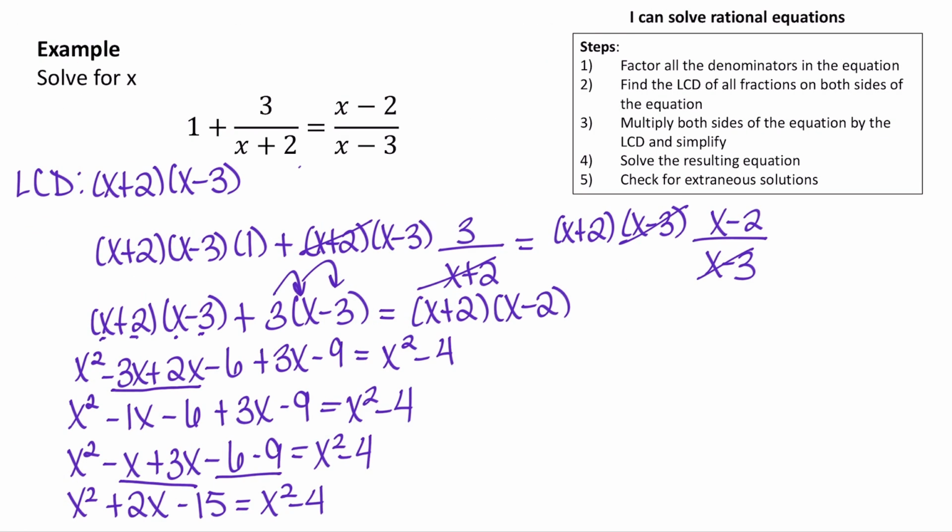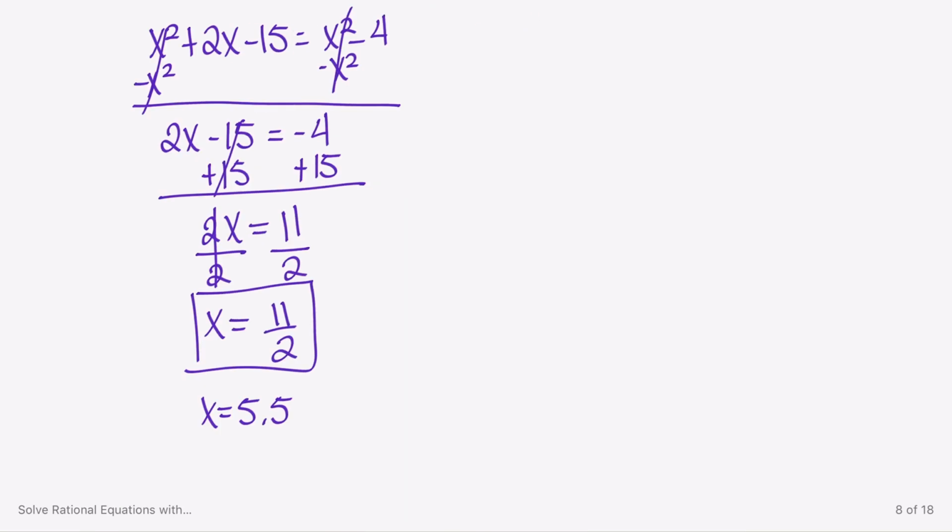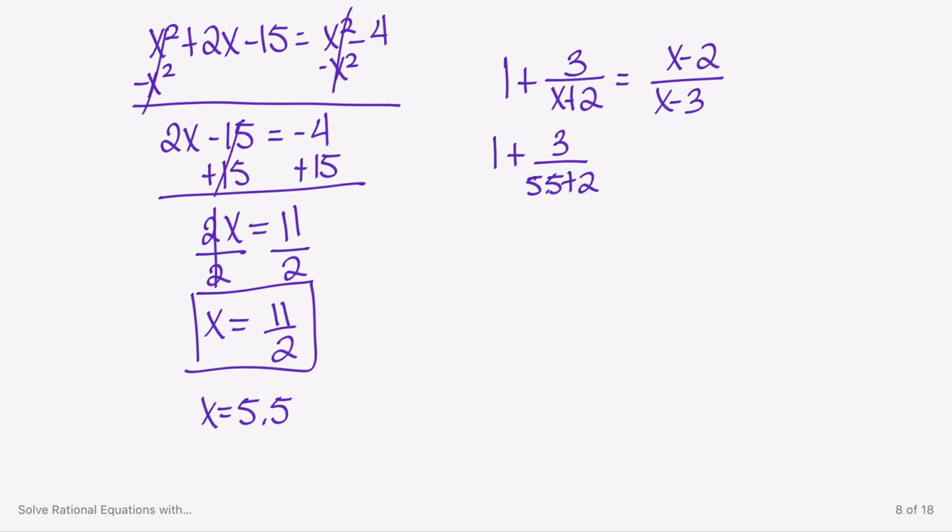Remember, we want to go back to our original problem and plug it in to make sure that it is a sensible solution. So we have 1 plus 3 over x plus 2 equals x minus 2 over x minus 3. So let's plug in 5.5 and see what happens. We have 1 plus 3 over 5.5 plus 2 equals 5.5 minus 2 over 5.5 minus 3.